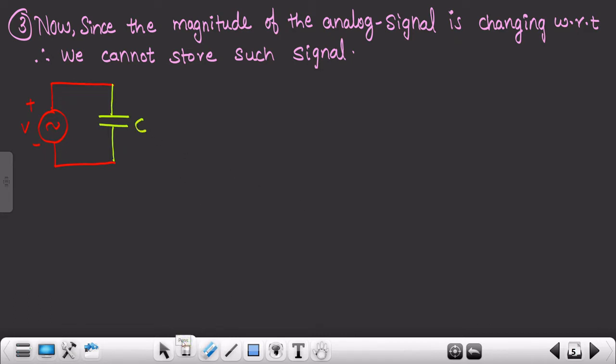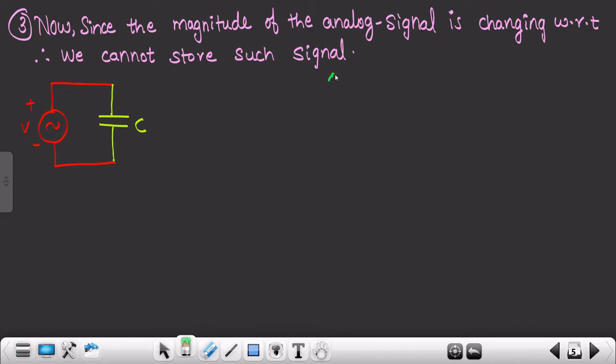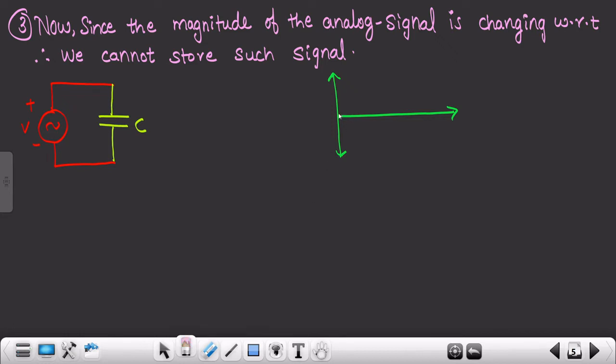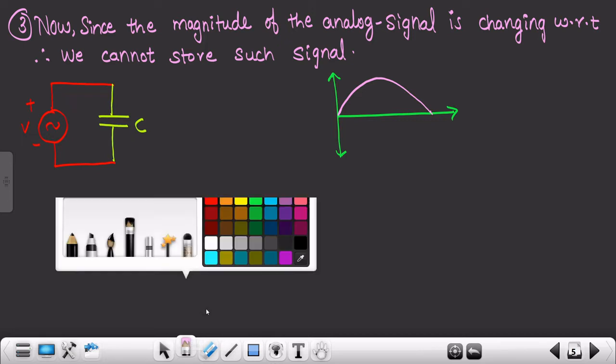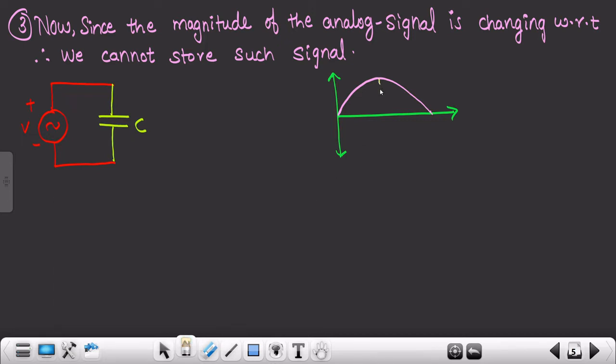Before coming to that point, let me draw a graph roughly. Let's suppose I'm taking only one waveform. As we all know, this waveform will look something like this, right? I'm not drawing the inverted form of this waveform because it is not required as of now.